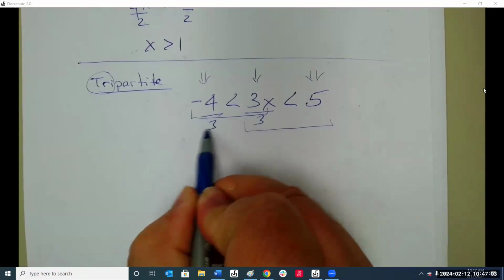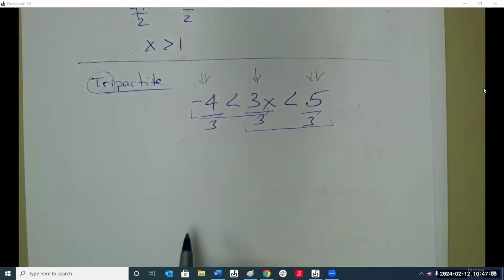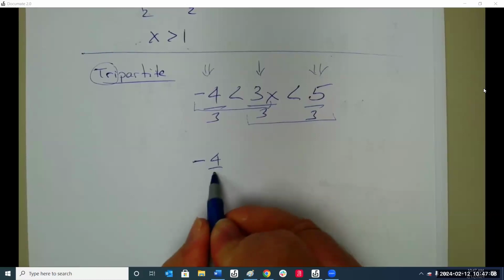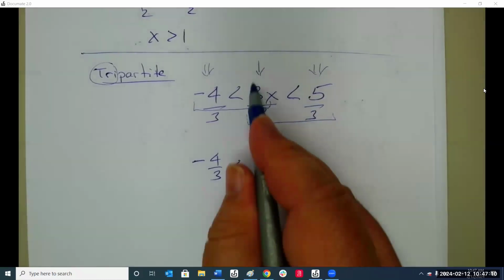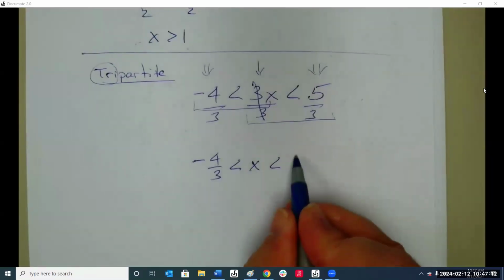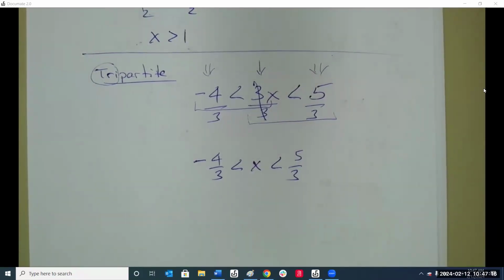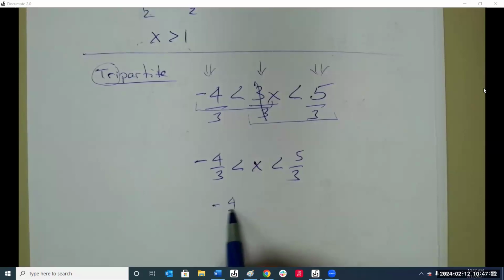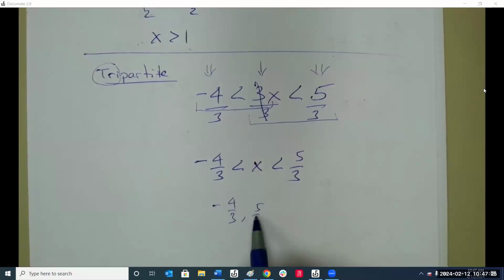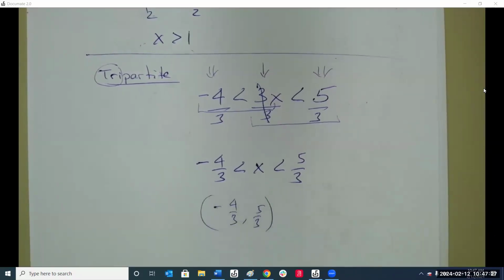So I divide everybody by 3. And there's your answer. Which would give us negative 4/3, comma 5/3, and the interval notation.